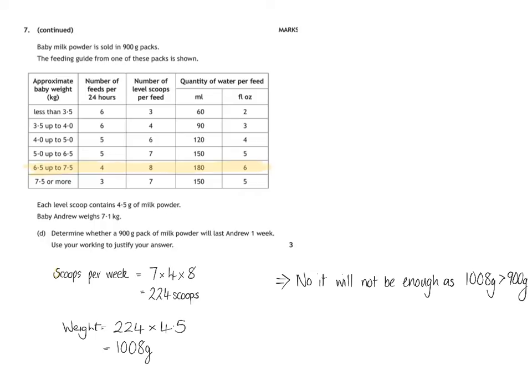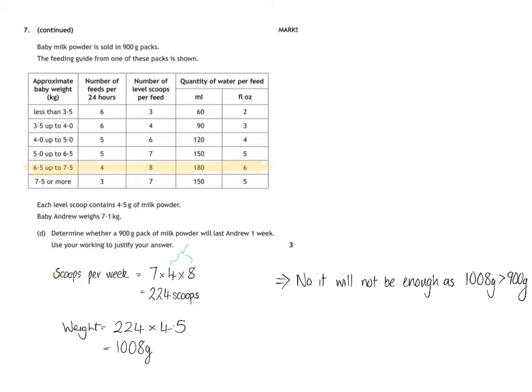So here are the marks for this part of question 7. Firstly, we get a mark for picking the right row in the table. So any information that shows us that you've picked the right information, whether that be the 4 there or the 8, either gets us our first mark.